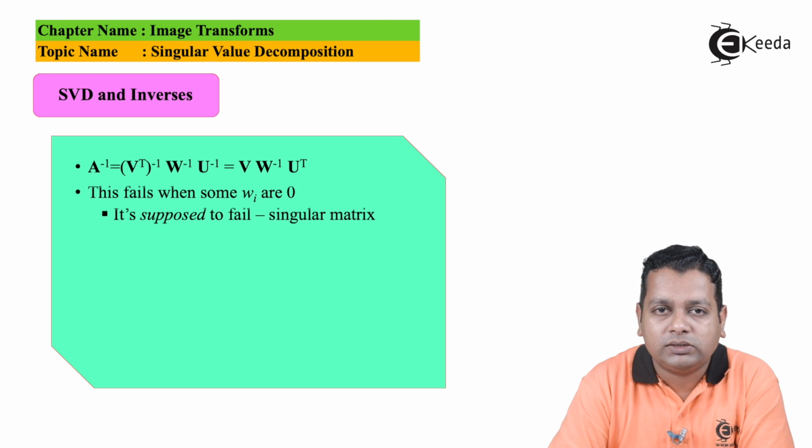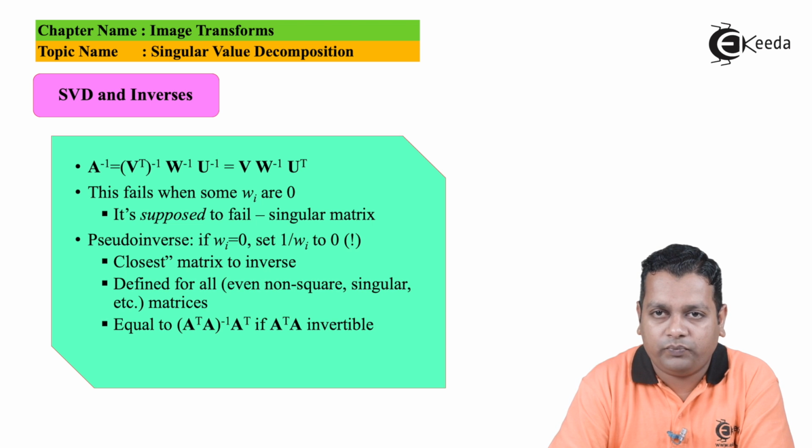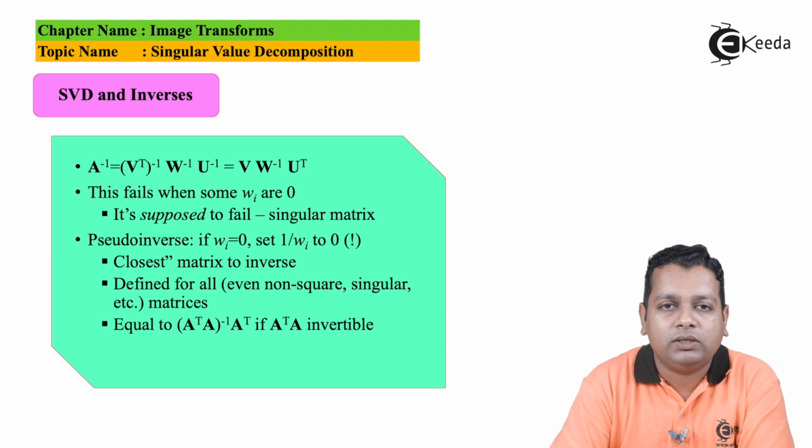The case is also called the pseudo inverse if the W i element is equal to 0, so 1 upon W i is taken as 0. This is actually the closest matrix to the inverse. It is defined for all matrices, even non-square and singular ones, and it is equal to A transpose A inverse A transpose if A transpose A is invertible.